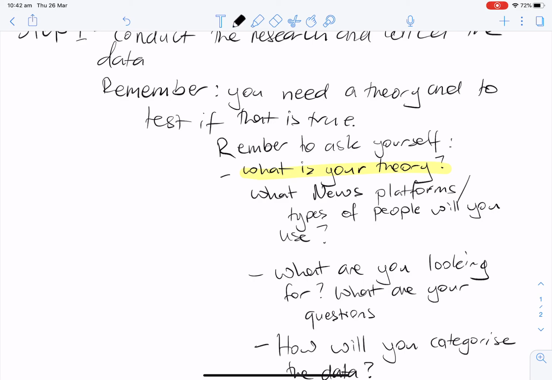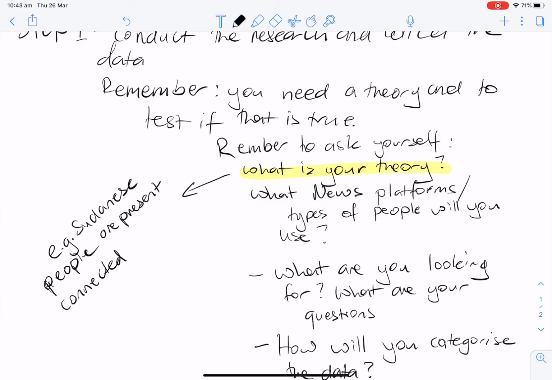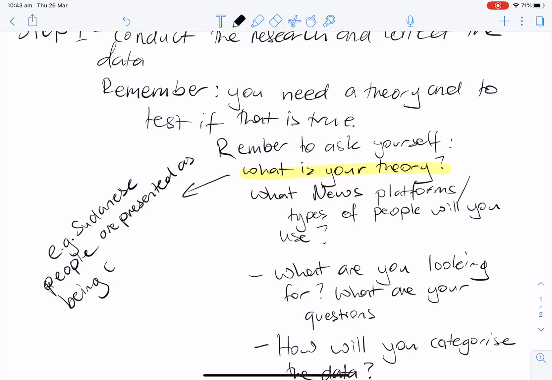Remember, we talked about that in relation to what you think is going to be the outcome. So remember the example I talked about with Sudanese migrants: not that they are, but Sudanese people are presented as being connected with gangs and crime in the media.